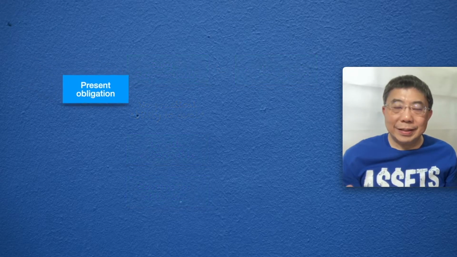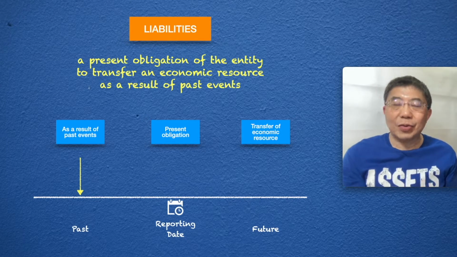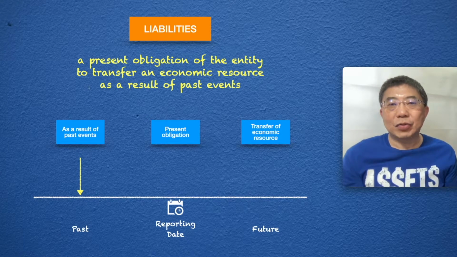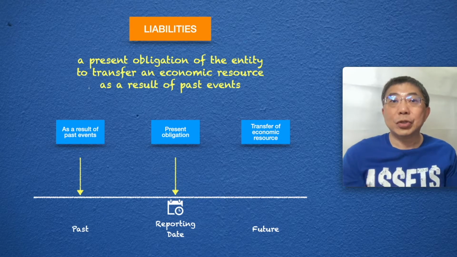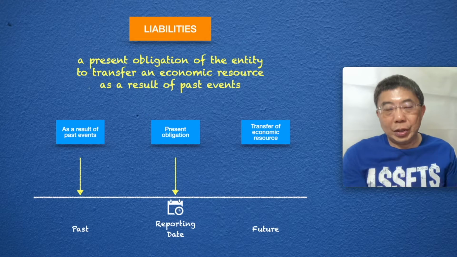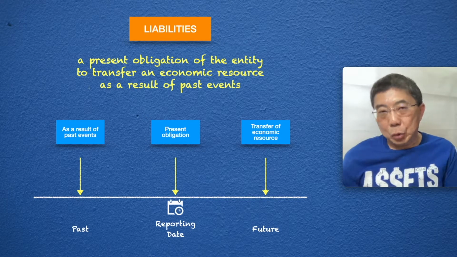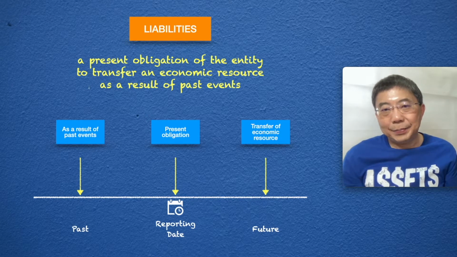So, in summary, liabilities exist as a result of a past event or past transactions that gives rise to a present obligation to the business, a duty and responsibility for the business to transfer economic resources sometime in the future to another party.